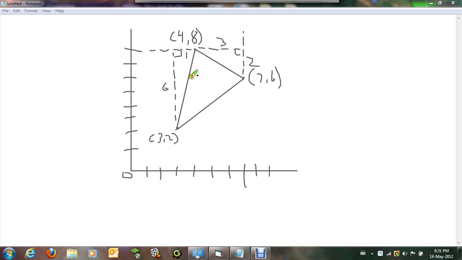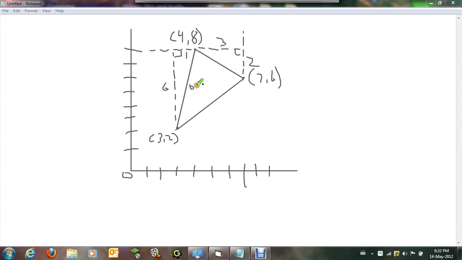So 36 plus 1. This is actually 37. And I'll check quickly on my calculator on my iPad. The square root of 37 rounds to 6.08. So I was wrong.